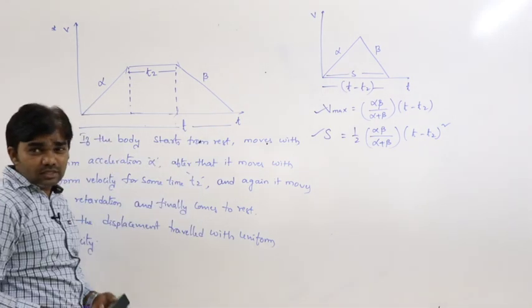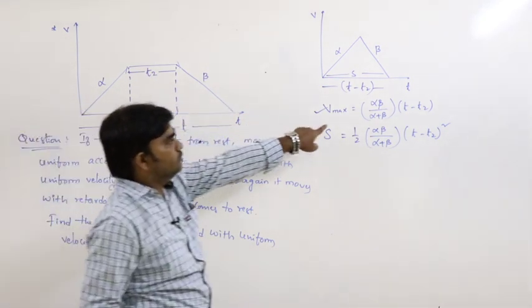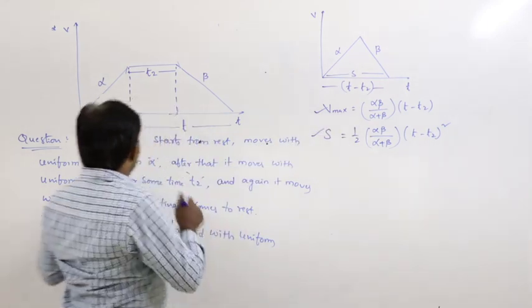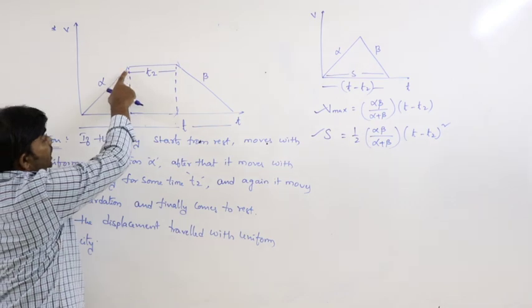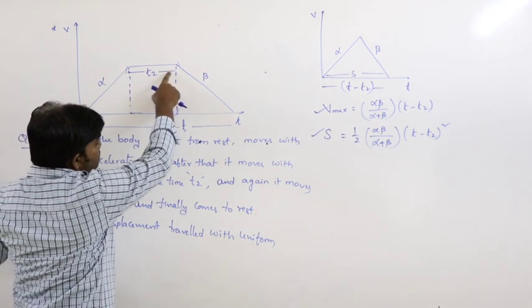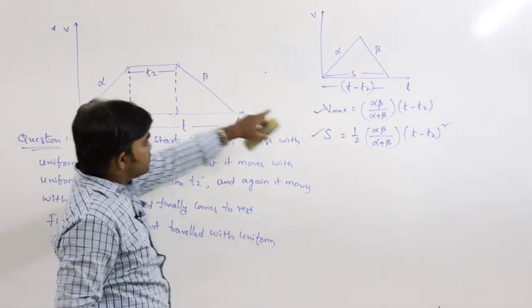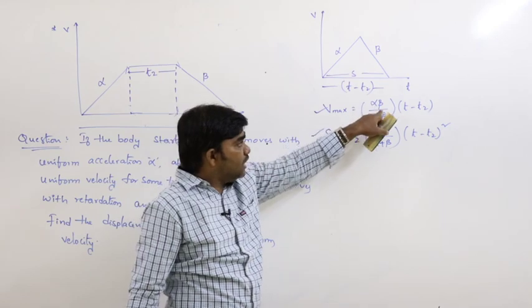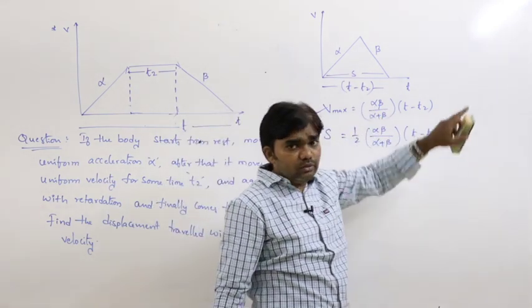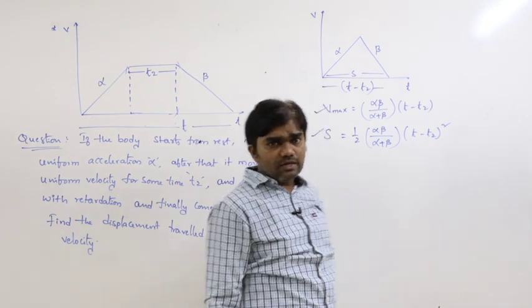So what is the possible velocity in this situation? This only. Body moves with uniform acceleration alpha, reaches maximum, travels with uniform velocity for certain time and again moves with retardation. So what is the maximum velocity we gain? Maximum velocity is equal to alpha beta by alpha plus beta into T minus T2. That is the maximum velocity.